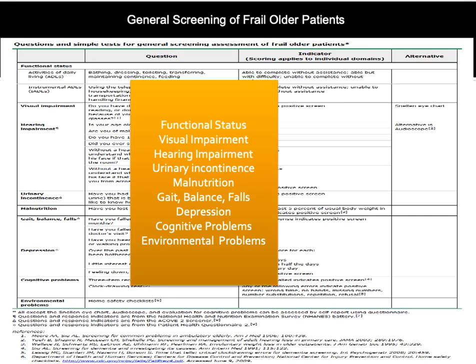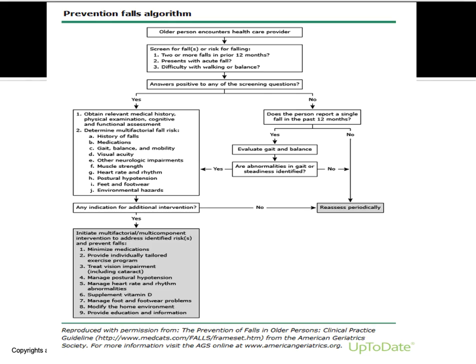These are the minimum components that should be included in a screening of a frail older patient. There are also tools, and this is in particular an algorithm for fall prevention, because we know that older adults become more at risk for falls.